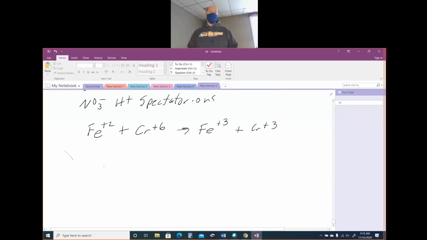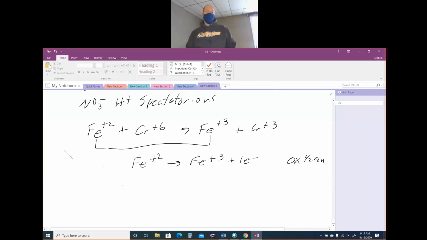All right, so you have to see that your iron is going from a plus 2 to a plus 3. And so we write it in the half reaction. Iron plus 2 goes to iron plus 3. And we see that in order for that to happen, that is going to oxidize your iron. It went from a plus 2 oxidation to a plus 3. So this is your oxidation half reaction. All right, and to balance that, it requires 1 electron.